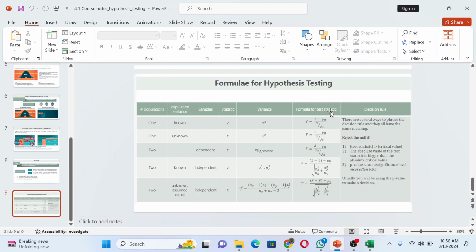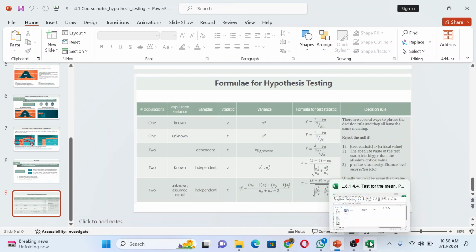The formula for the test statistic, which is the capital Z, is the sample mean minus the population mean divided by the standard error. Are we getting it?